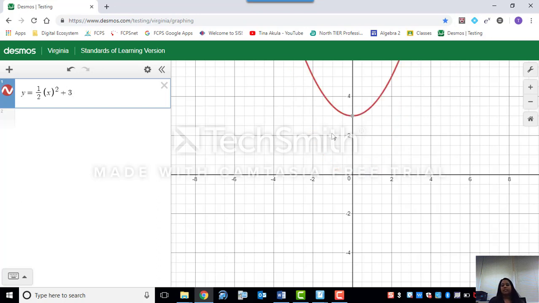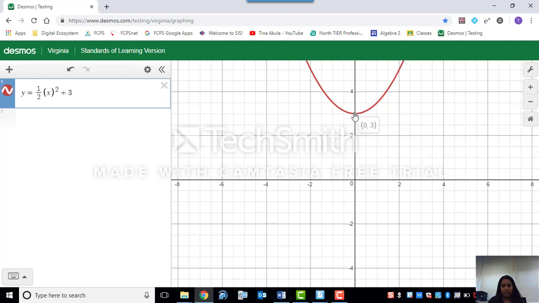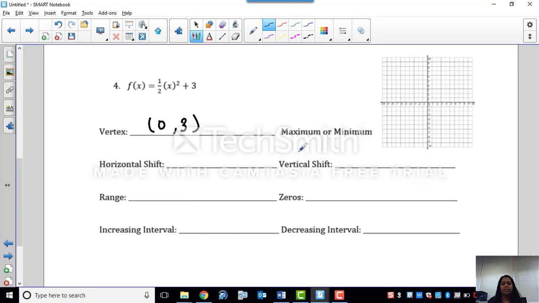Let me look at that. The vertex here is 0, 3. Hey, I was right. And it opened up because the A here, the number in the front, is positive. That's another ugly graph. Anyway, it has a minimum.